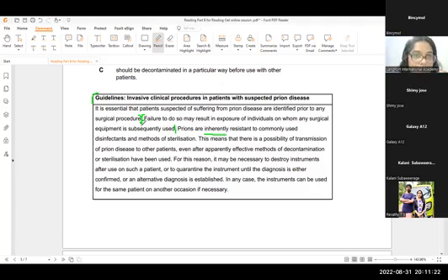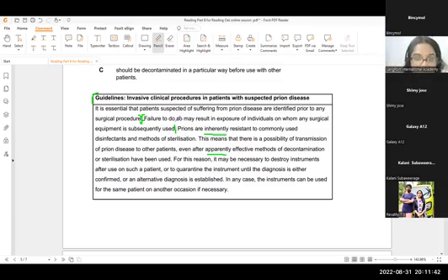Okay, all right. Next sentence, Tindy. This means that there is a possibility of transmission of prion disease to other patients even after apparently effective methods of decontamination or sterilization have been used.